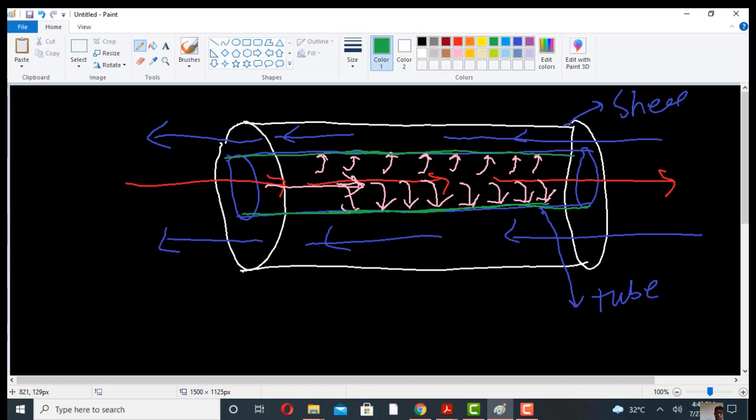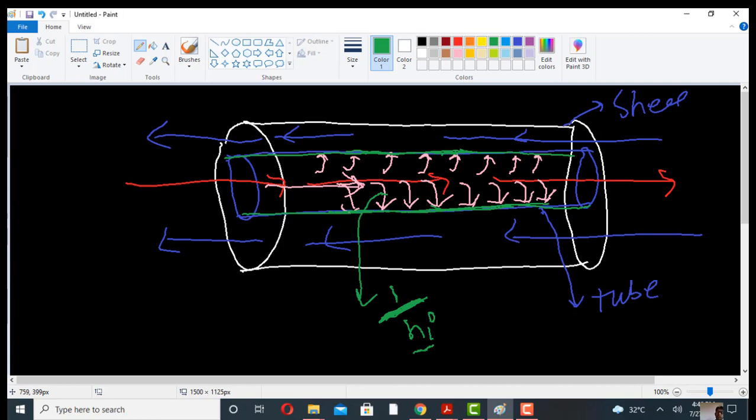The first resistance to the heat transfer is denoted by 1 divided by Hi, where i is for the inside heat transfer coefficient. Hi is the inside heat transfer coefficient, and 1 divided by the heat transfer coefficient is the resistance to the heat transfer, provided by the fluid flowing in the tube side.